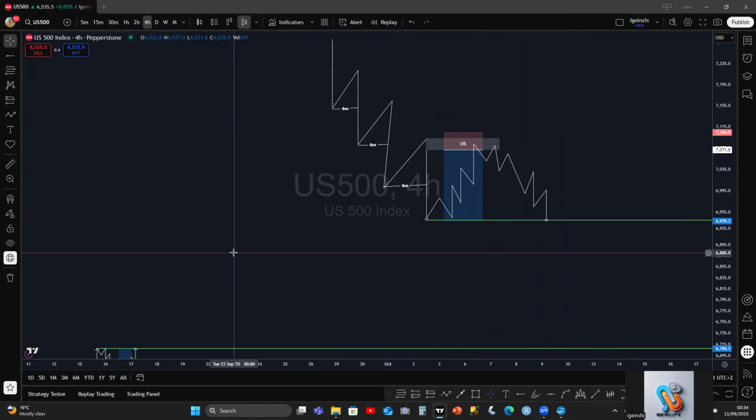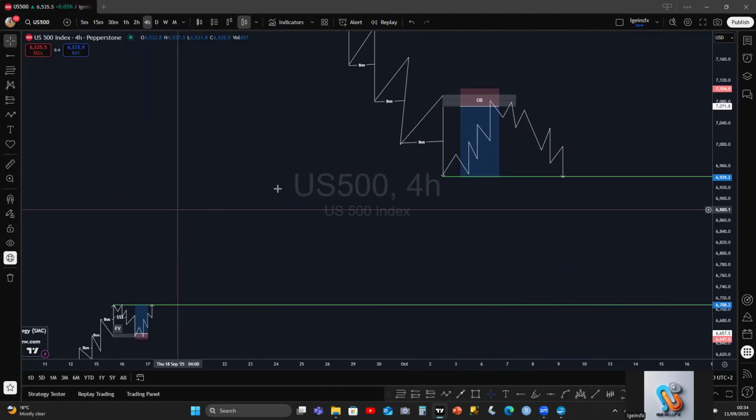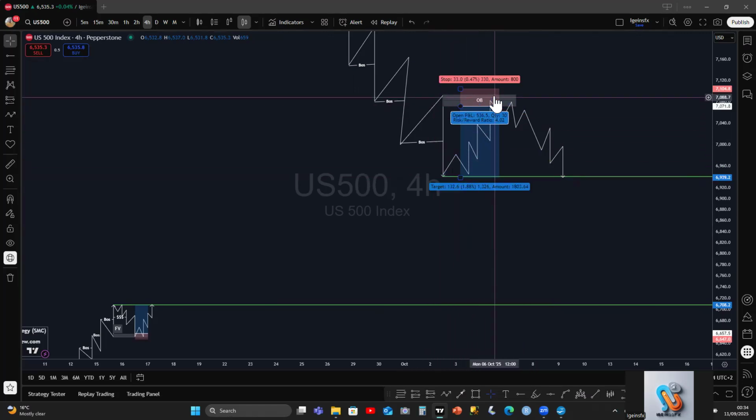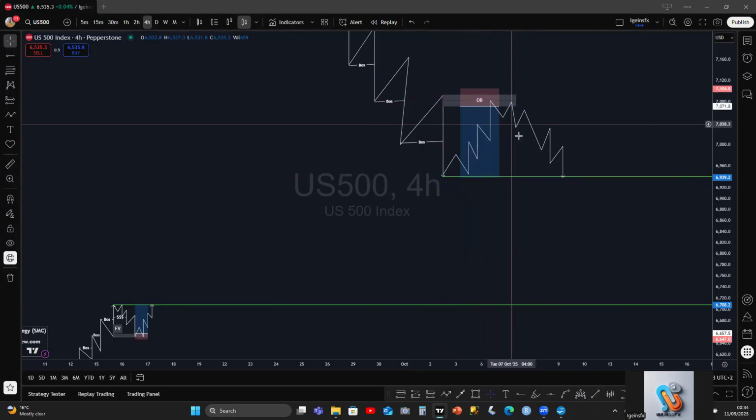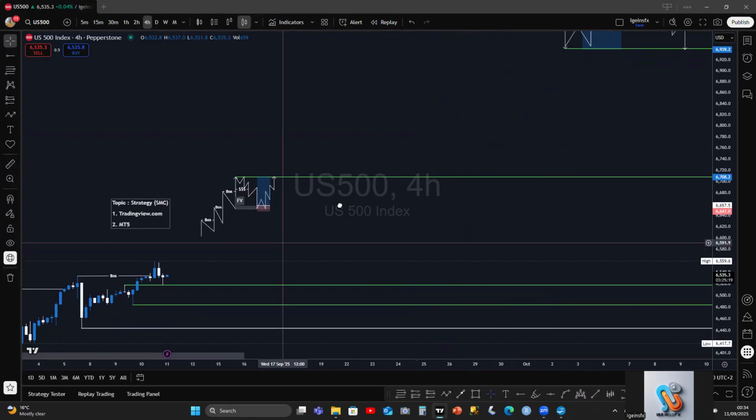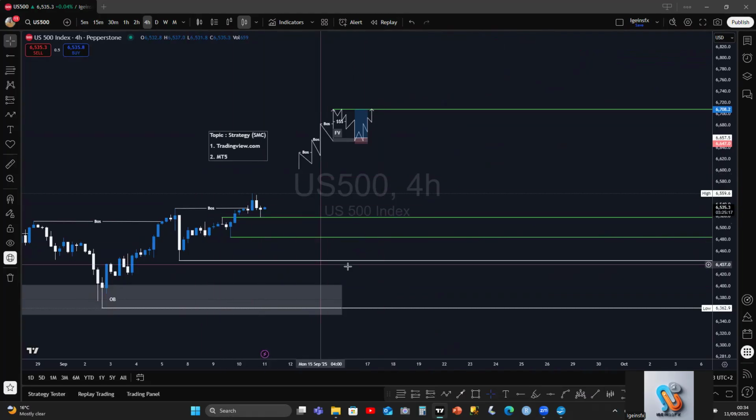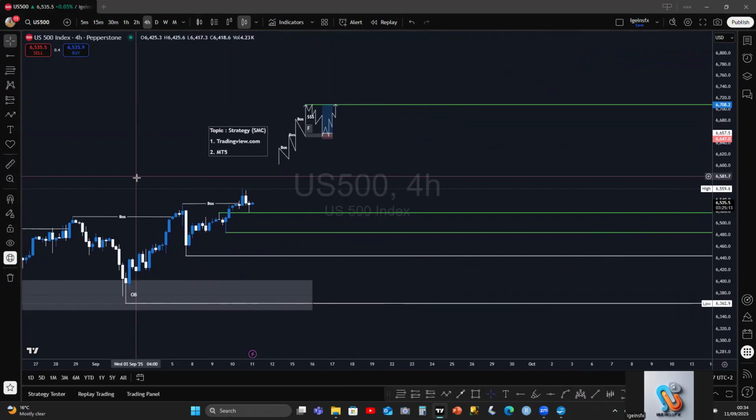So basically, this is what SMC trading strategy is all about. All you need to do is set your pending order here as price pulls back and returns to this level. It will tap us in, then start pushing to the downside. That is how it is, guys. This is SMC trading, SMC strategy.